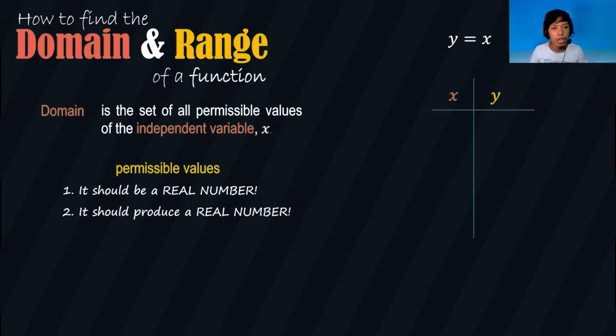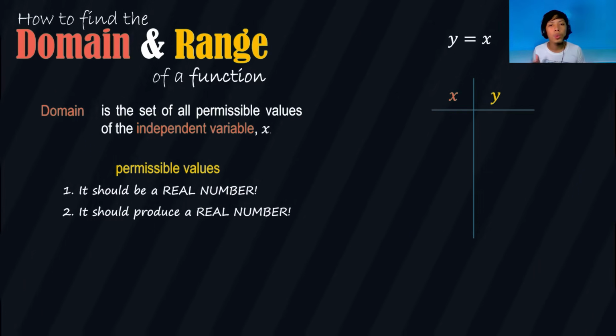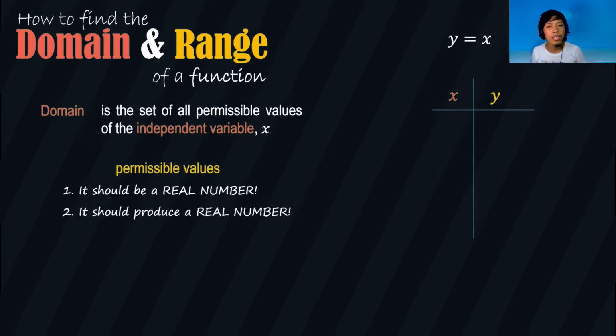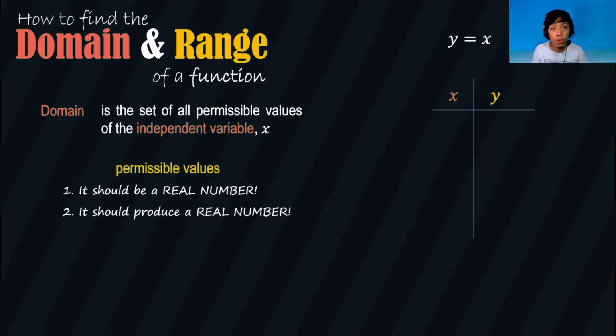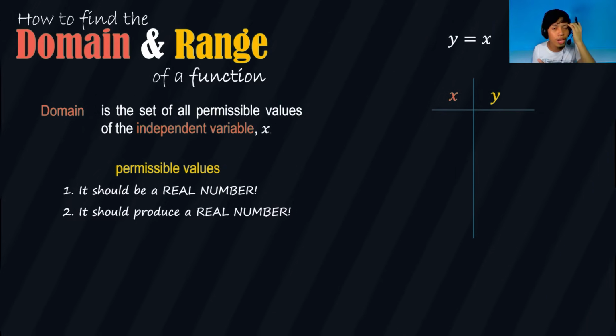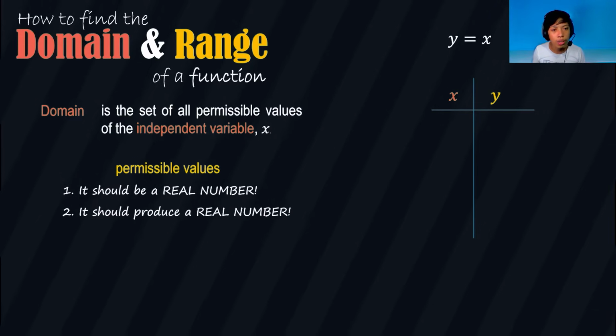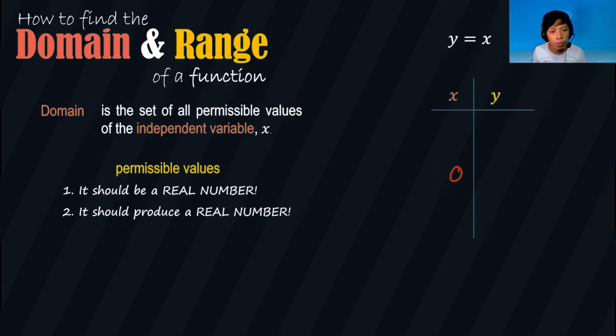Well, you just have to create your table of values. Take note, domain is the set of all permissible values, so you will try to look for all the permissible values. You have to start somewhere. Let's start at 0.